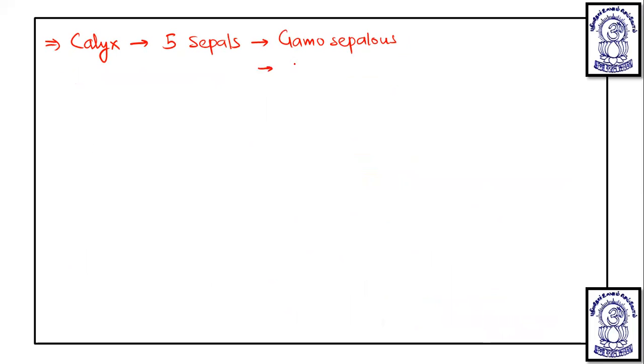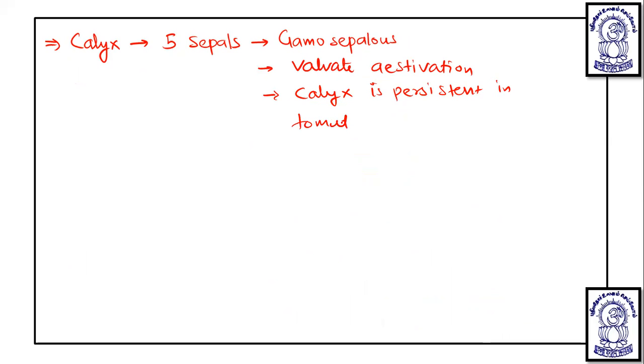The sepals show valvate aestivation, and this calyx is persistent after fruit formation in tomato and brinjal. So tomato and brinjal are obviously examples of Solanaceae.